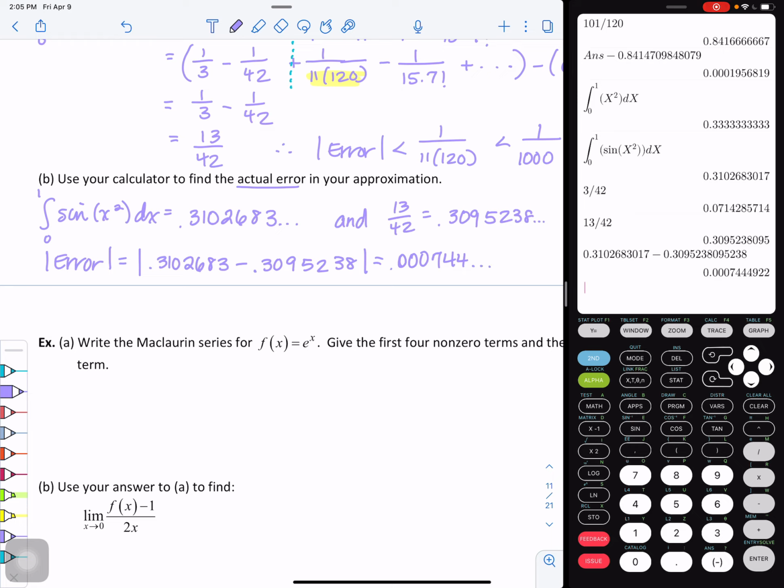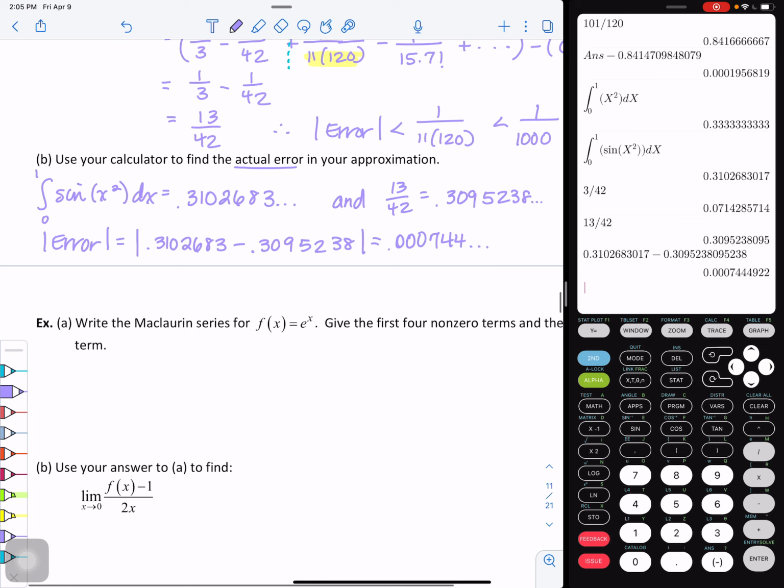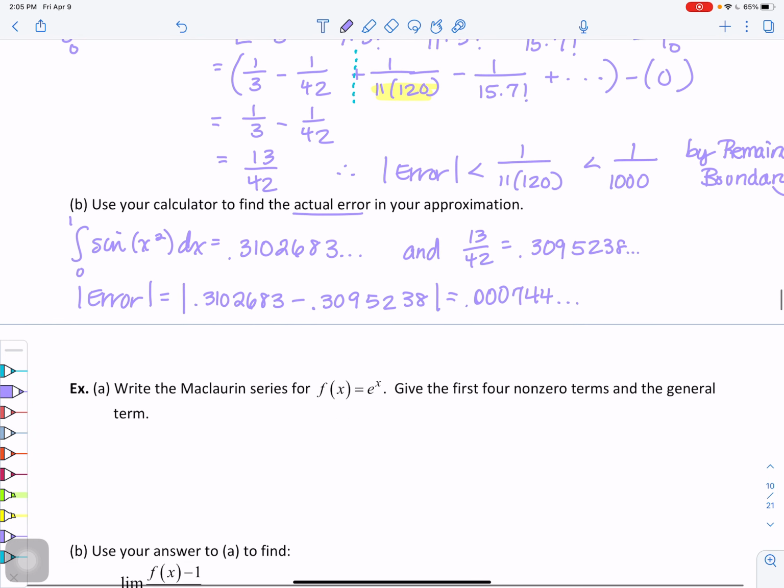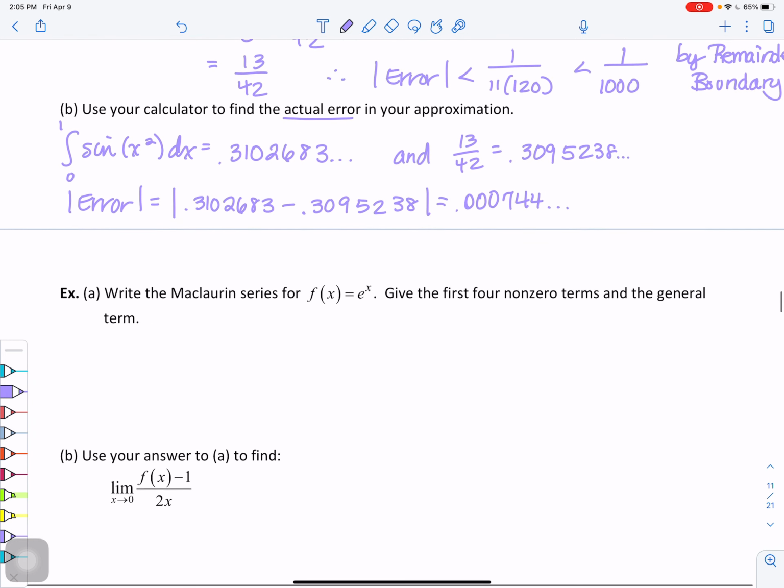So that is the actual error in our approximation. So as you can see, using this method, we are getting very, very close to the actual value.